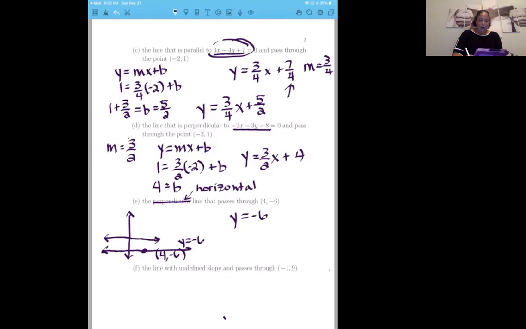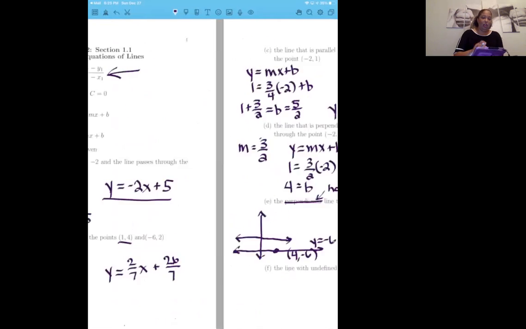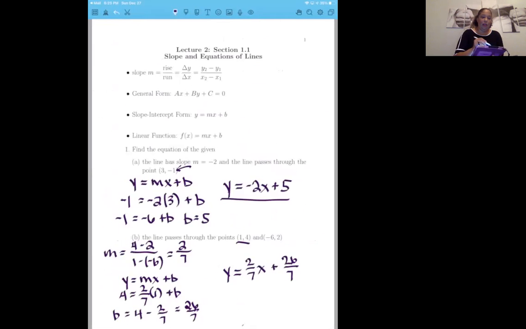F says the line with undefined slope that passes through -1, 9. All right, and so when I want to think about undefined slope, let's take a look at what our slope formula is. Remember, if I have 0 over something, I get 0.